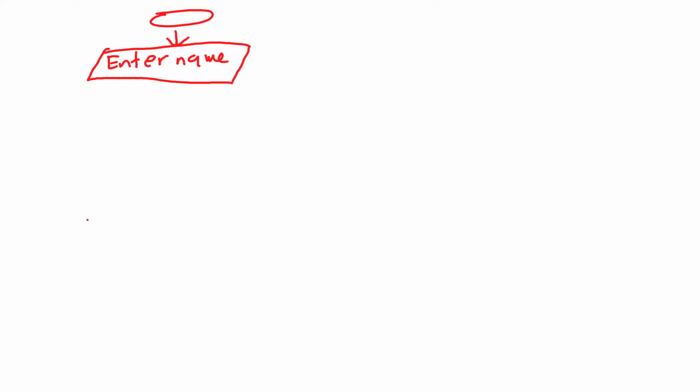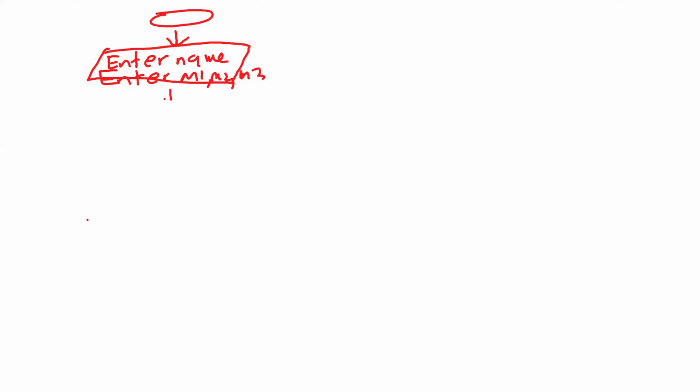Look at this. First thing is we are going to start this program and you need to enter name and enter M1, M2, M3. Don't worry about my writing, right?